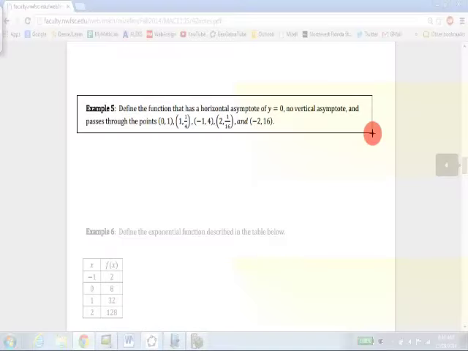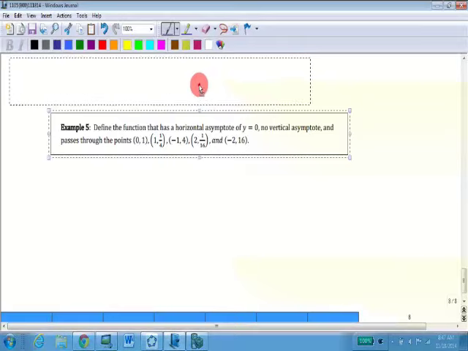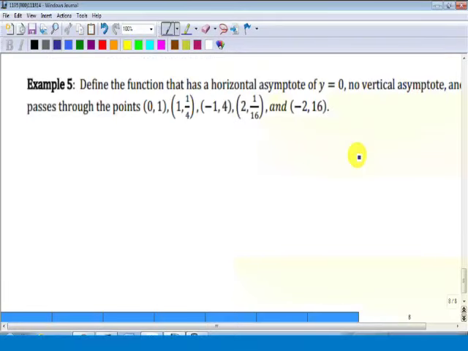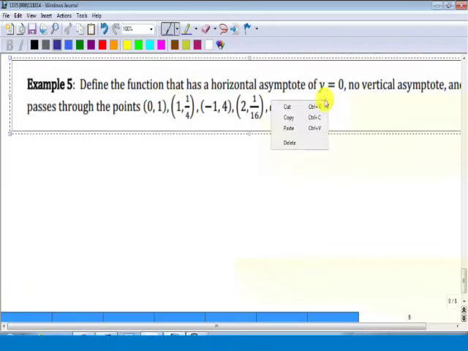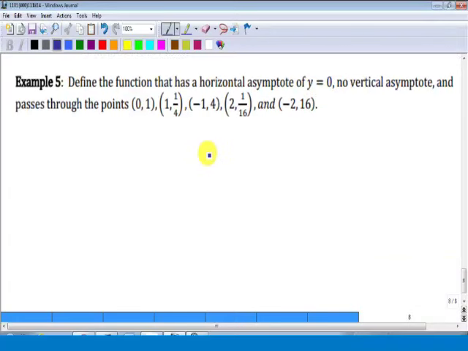Example 5. Suppose someone hands us some points on a graph, and we can identify that this graph seems to be that of an exponential function. How do we know it's an exponential function? I don't see the word exponential in there anywhere.